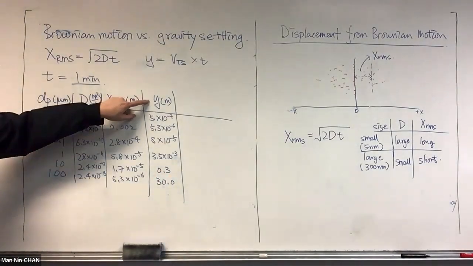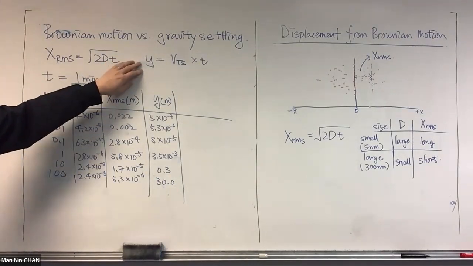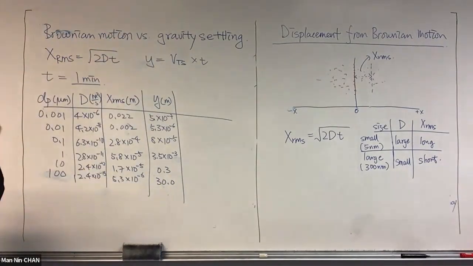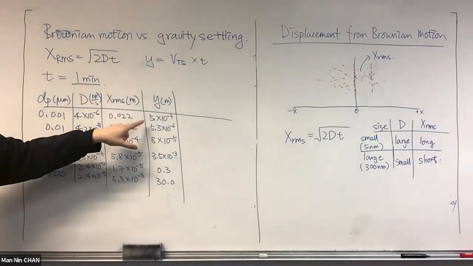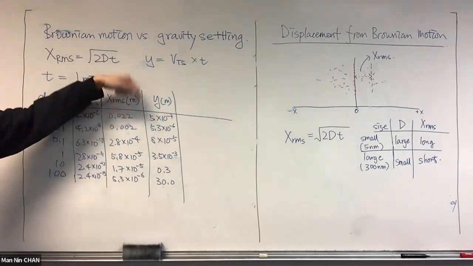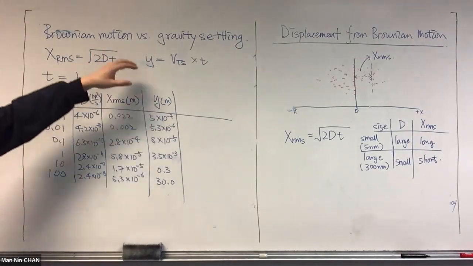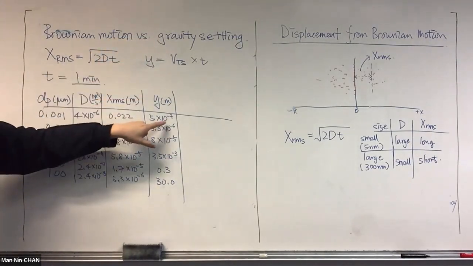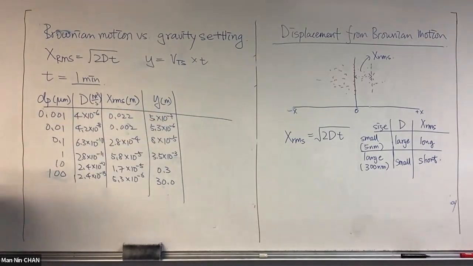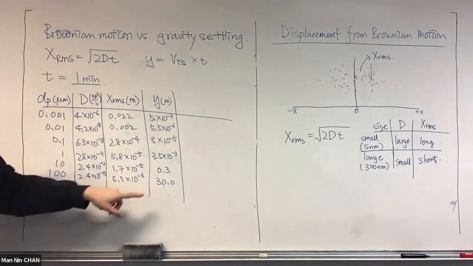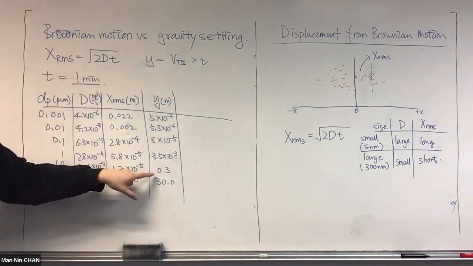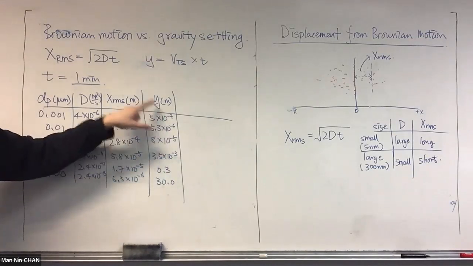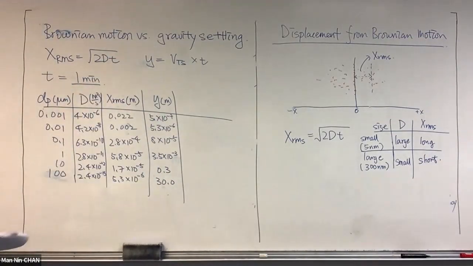Remember, this is the distance fallen by the particle due to gravity at its terminal velocity. For a very small particle, the influence of gravity is insignificant: you only travel 10 to the power minus 7 meters here. But for a large particle, say PM10, in 1 minute you can travel 0.3 meters due to gravity.